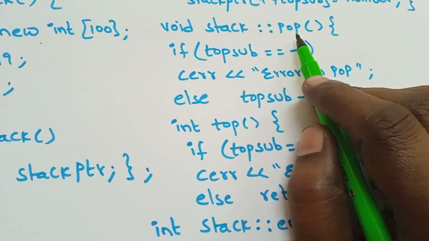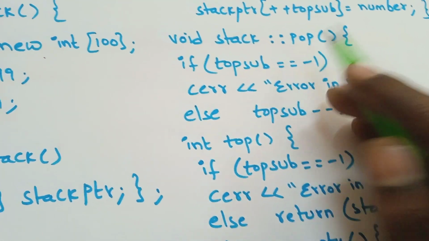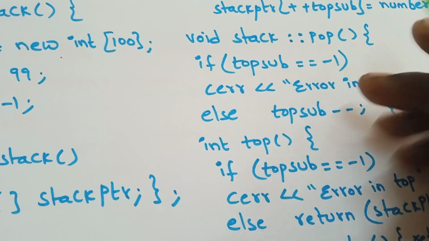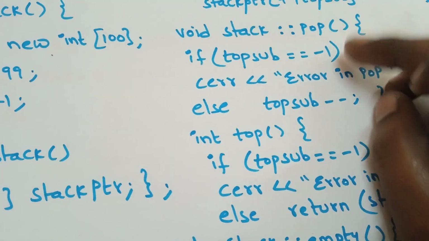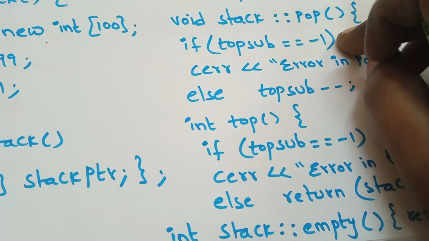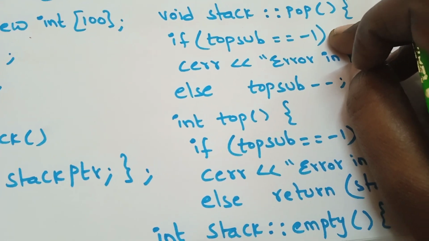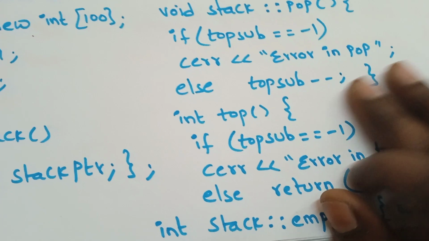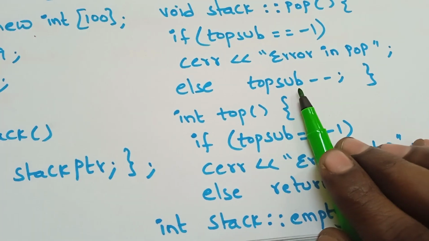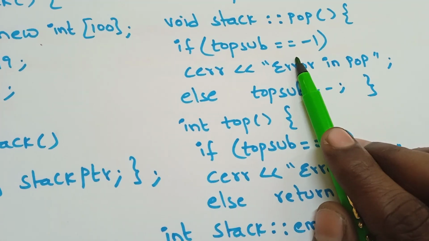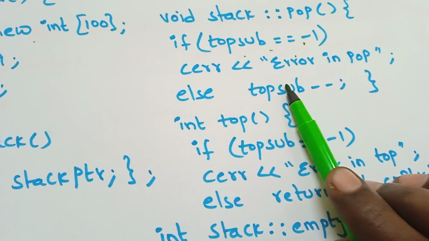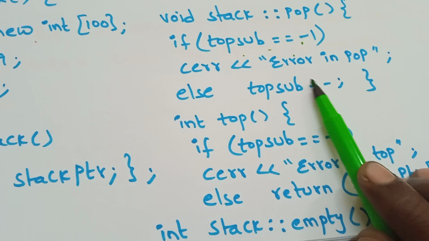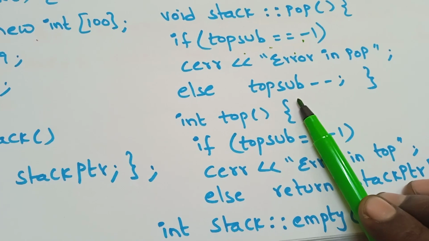This pop operation can be done in two ways: you can write the code in the empty function and call the empty function over here, or else you can directly give a condition for which it fails to perform the pop operation. So cerr in pop, else top minus minus, that means when this condition fails, when top has some elements, we will be popping it, that means we will be decreasing the index.